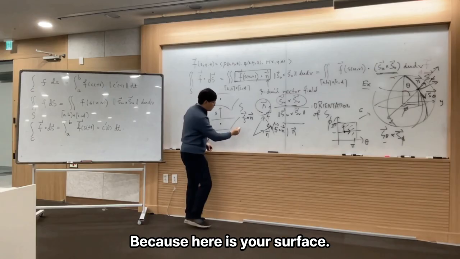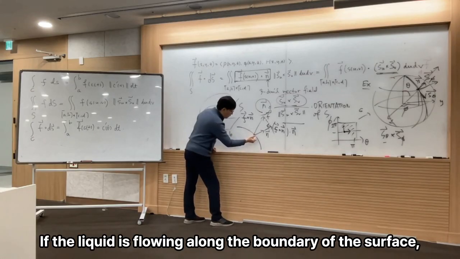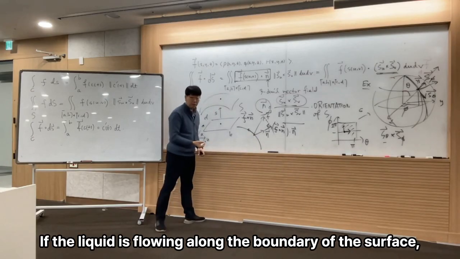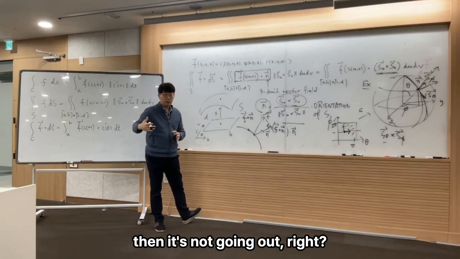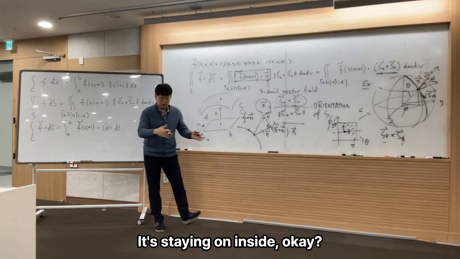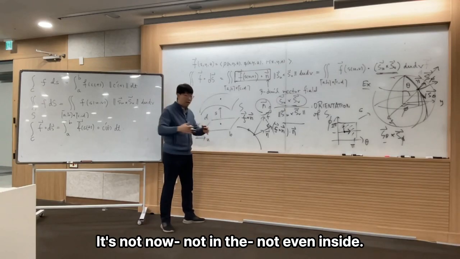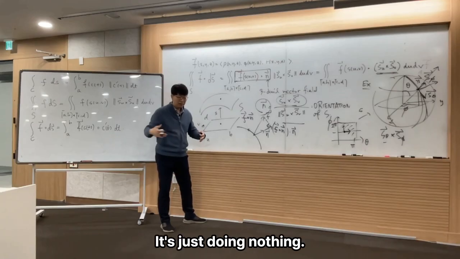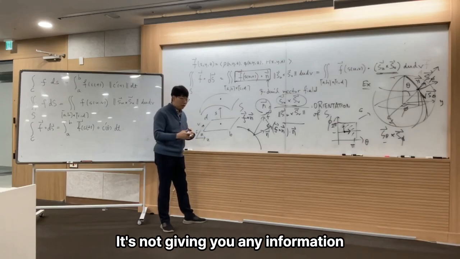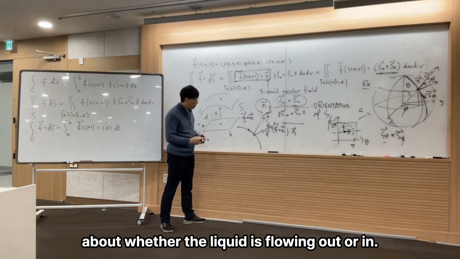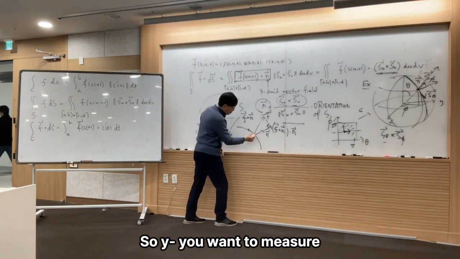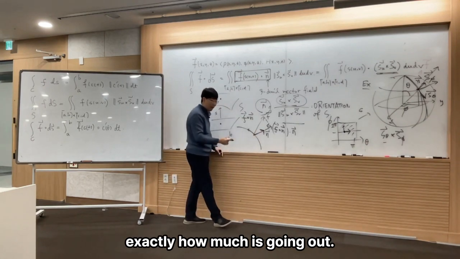Because here is your surface. If the liquid is flowing along the boundary of the surface, then it's not going out, right? It's not even inside. It's just doing nothing. It's not giving you any information about whether the liquid is flowing out or in. So you want to measure exactly how much is going out.